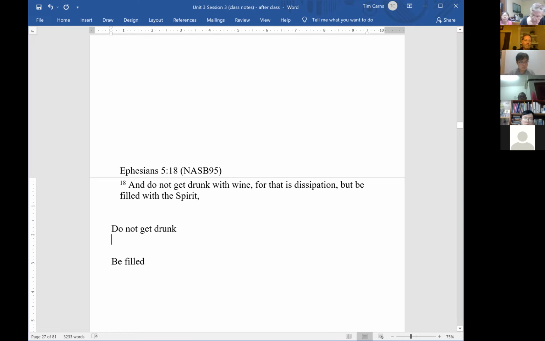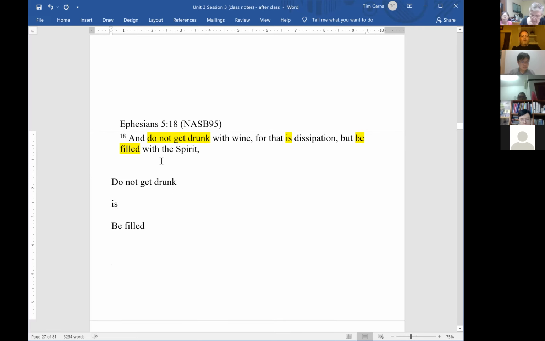Technically, there's another one, is. So if I highlight my verbs in this sentence, I have do not get drunk and is and be filled. All right, those are my verbs in this particular sentence. Now I want to focus on that third one, be filled.